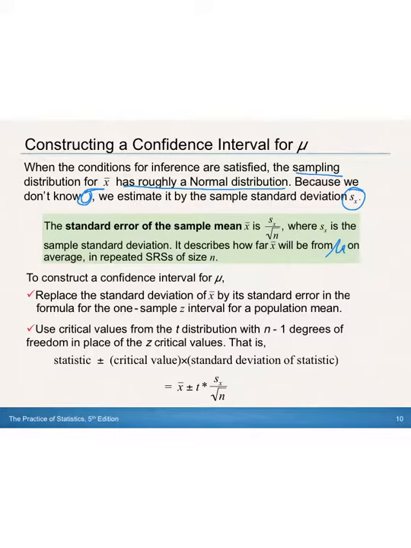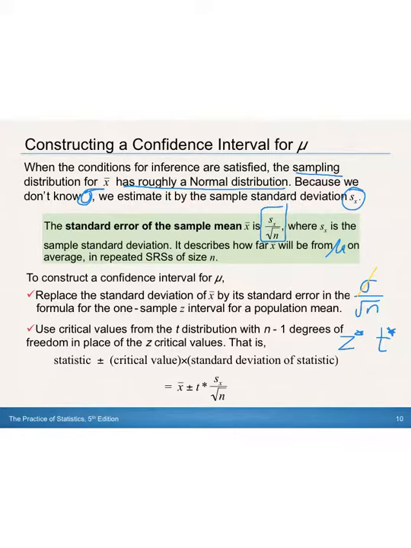So this is our new piece of information that we're going to replace this with in our formula because we don't know this. And because our distribution is a t distribution, we can't use z-scores to find our z-star. We're going to have to use t-scores to find our t-star, or in our case, we're going to use tables.